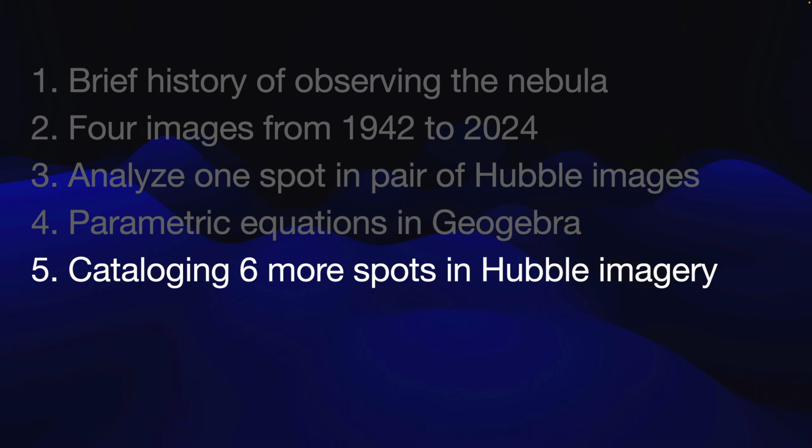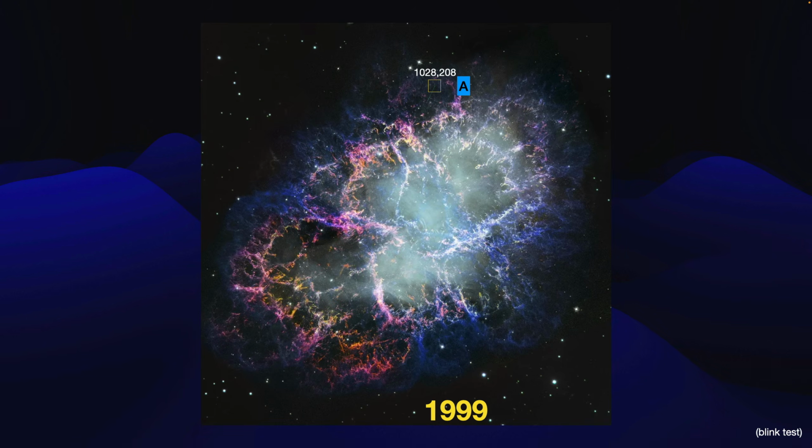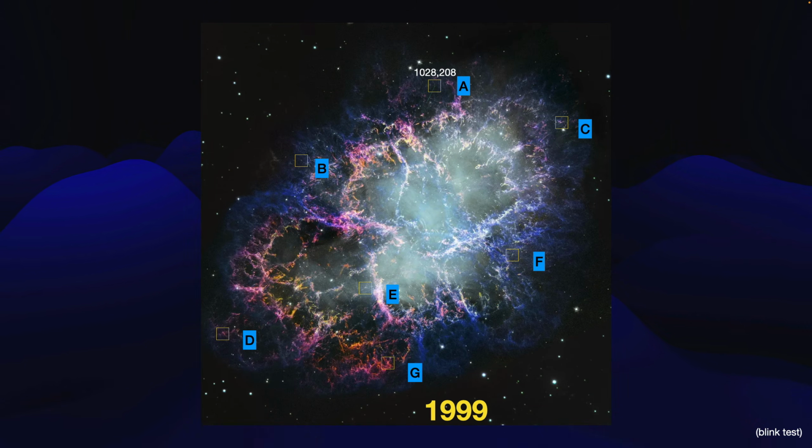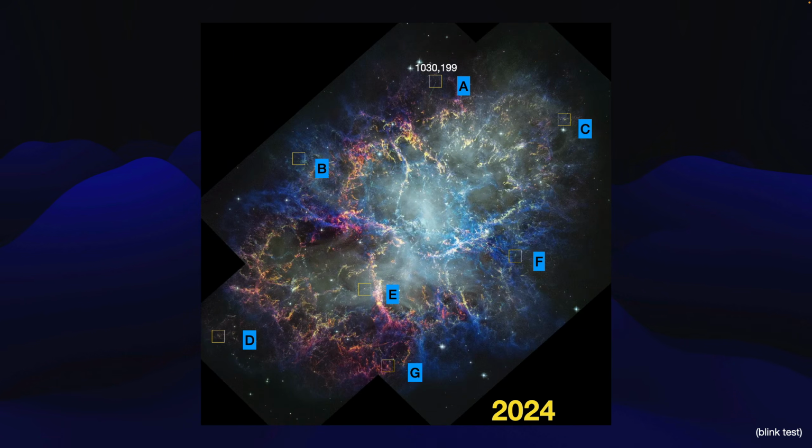And now we're just going to repeat the process with 6 more points, 6 more spots. All right. So again, here's our spot A. And here are the other 6 spots. And again, you can see each one of those is a little bit of imagery that is moving slightly.